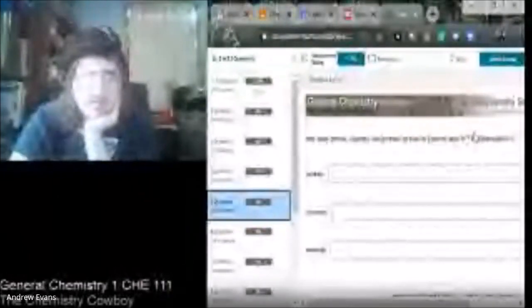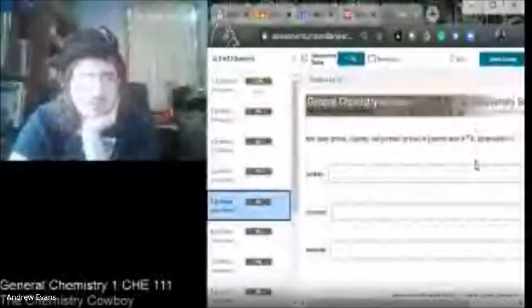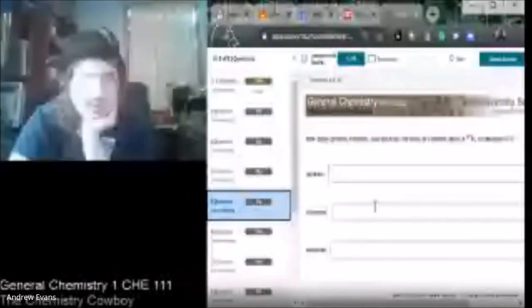So if you find technetium on the table, you know the proton count. Because it's neutral, you know the electron count. The thing you have to do then is find how the mass number relates to the neutron count. So that's not a particularly hard question.